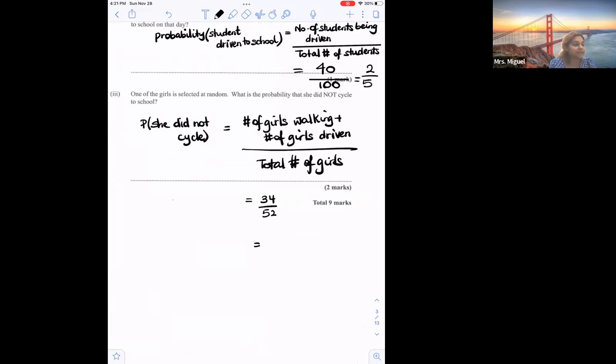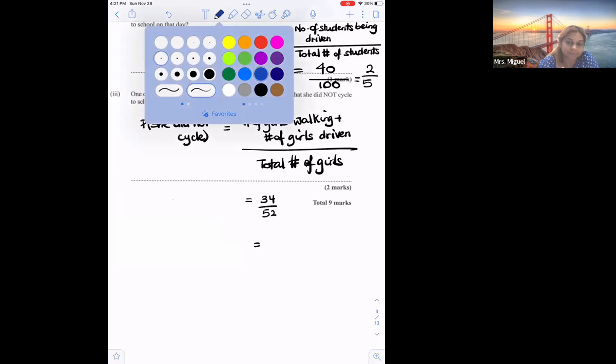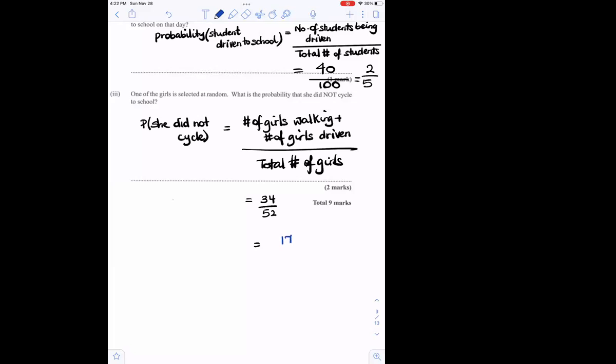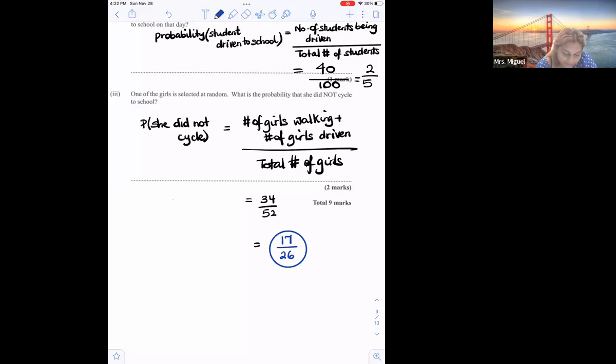Reduce that fraction for me, please. 34 over 52 is? 17 over 26, miss. Yes, 17 over 26. So that is the answer, right? 17 over 26.